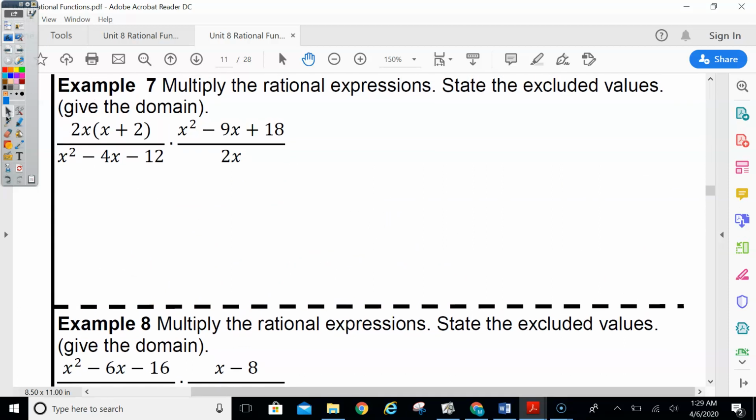All right, so coming over here. When it's multiplying, I look at everything in the top and everything in the bottom together, so I'm just going to come over here and write one big fraction. For this part, that's already factored.